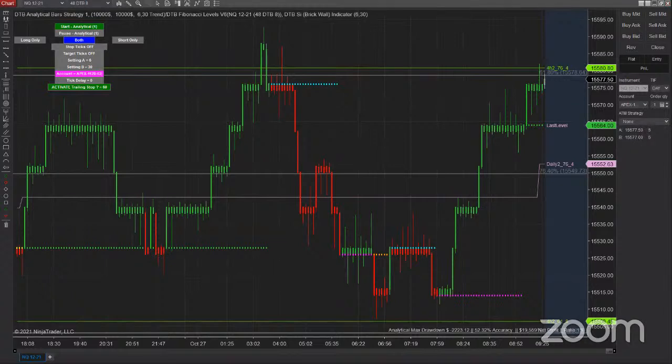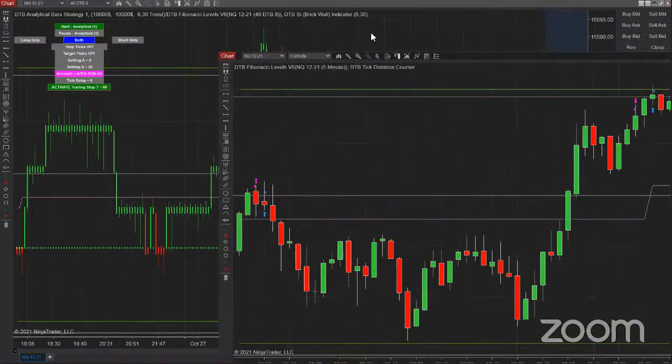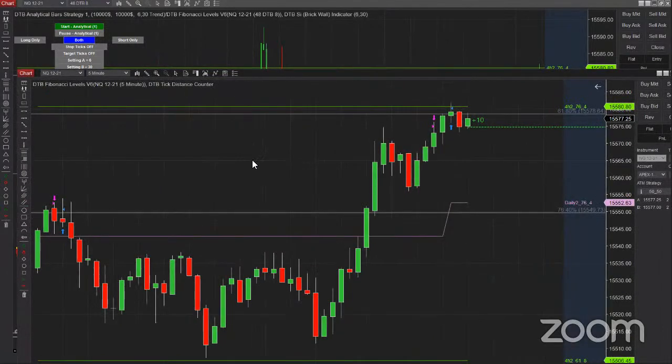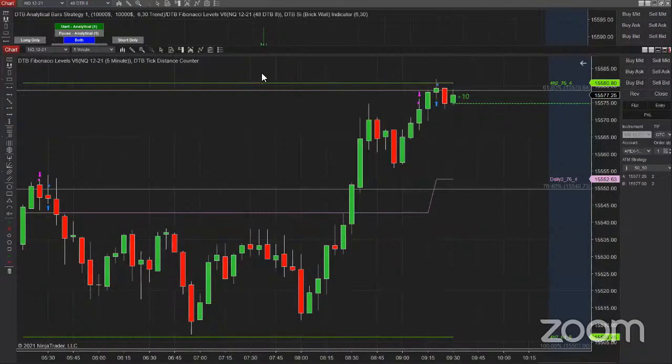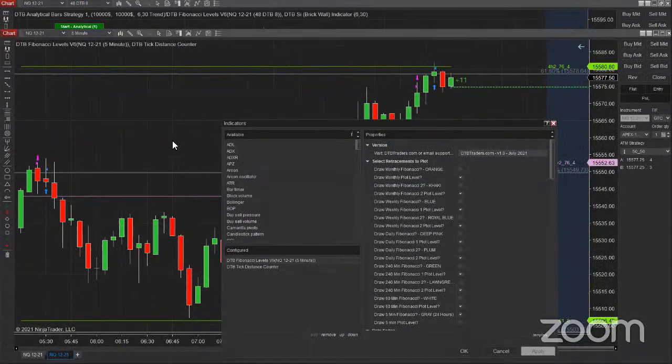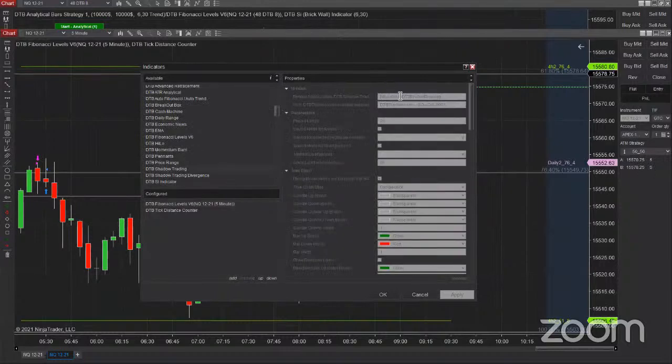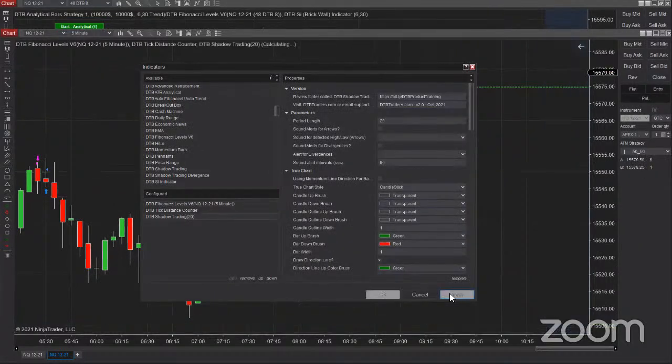If you're looking at some of the other indicators, we've got about 4 minutes before the market opens, so I might just pop on a indicator here, the shadow trading indicator. That's going to show us some of the divergences.